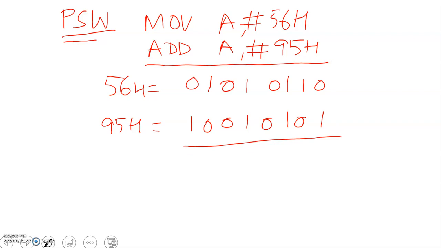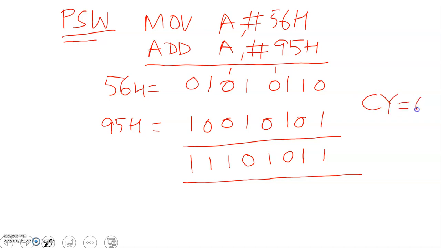Okay, so 0 plus 1 is 1, 1 plus 0 is 1, 1 plus 1 is 0, and 1 is carried here. Then 1 plus 0 is again 1, 1 plus 1 is 0, 1 is carried here, so it becomes 1, 1 plus 0 is 1, and 1. Okay, so you could see here there is no carry, CY will be equal to 0.